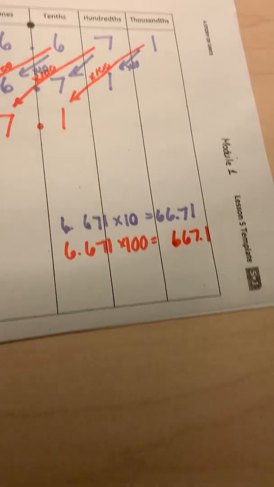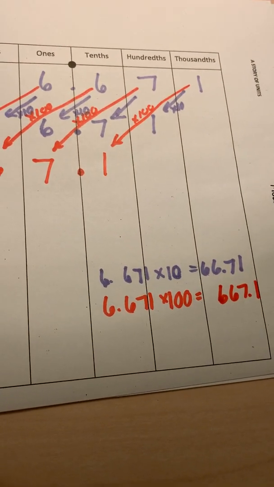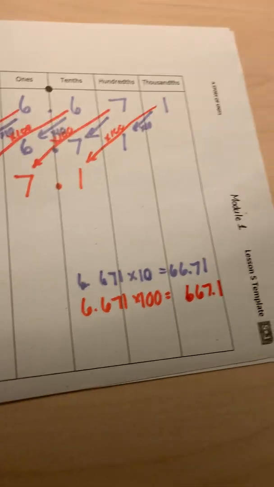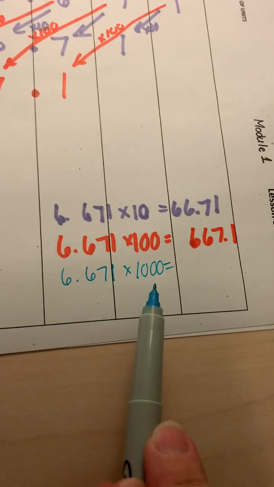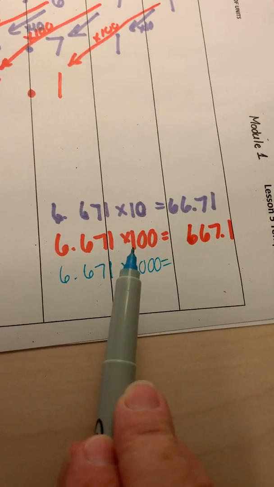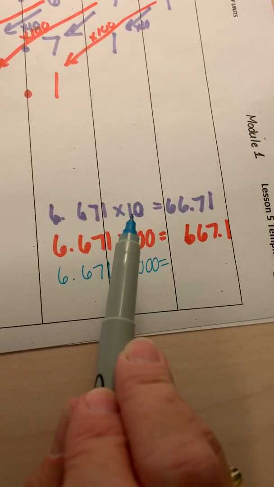And then we learned that you can do the same thing when you multiply by 1,000. So this time, our equation is 6.671 times 1,000. 1,000 is the same as 10 hundreds, which was the same as 10 times 10 times 10.